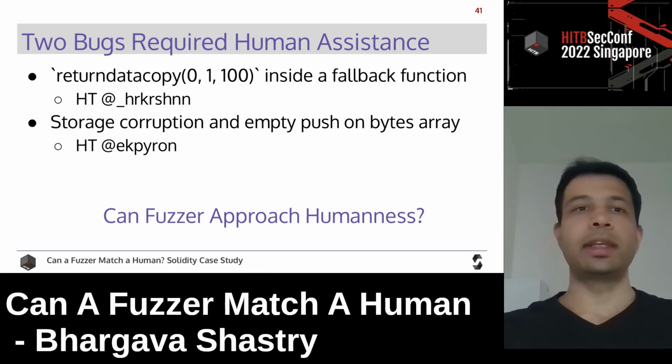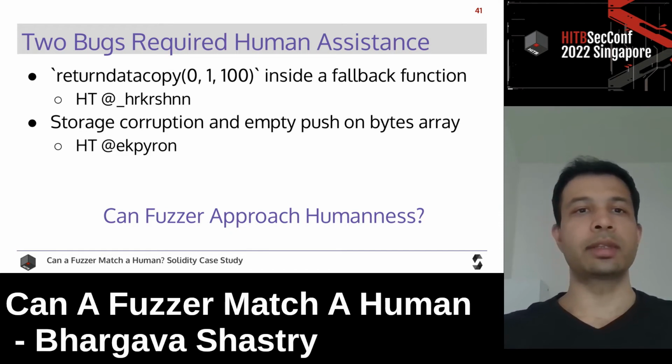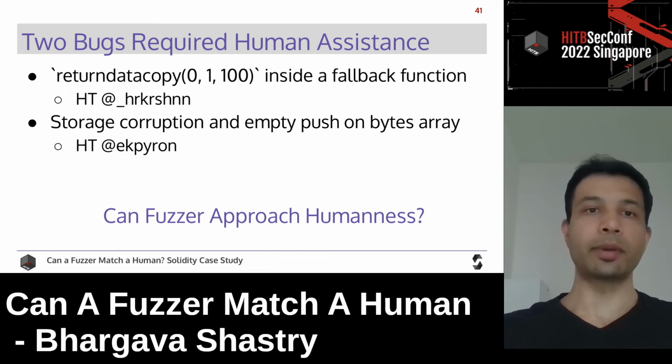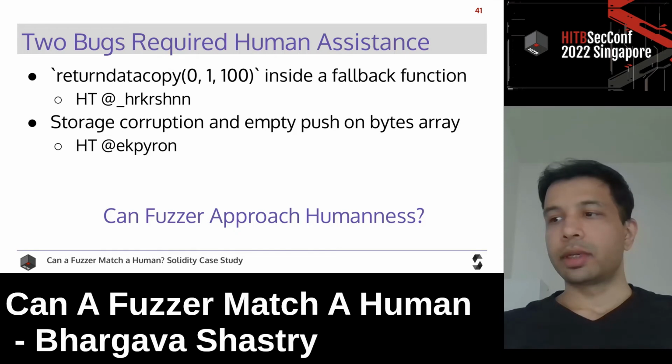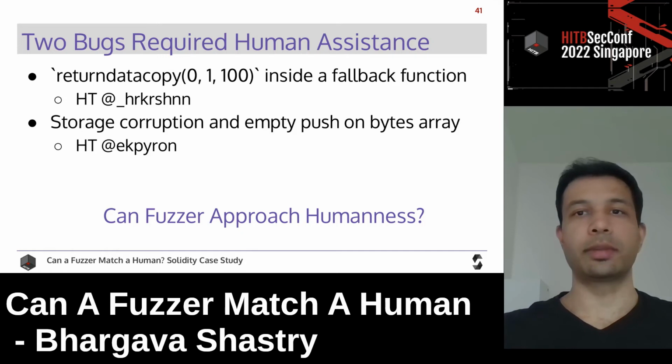It's because two of the bugs recently found by the fuzzer were not directly exploitable, but needed the assistance of my colleagues Hari and Daniel to demonstrate that they are exploitable and potentially security-critical bugs. So the question is, can the fuzzer approach the kind of things my colleagues were doing to understand if a bug is exploitable?